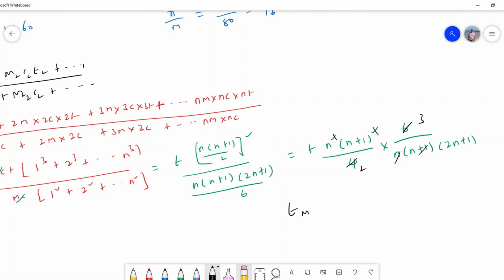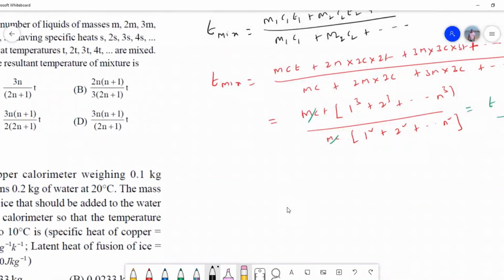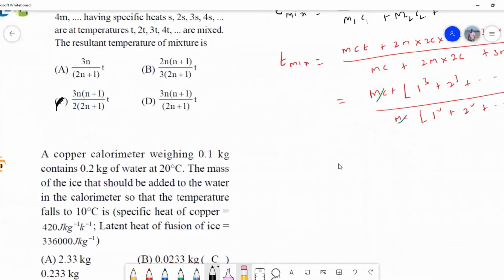So ultimately T mixture is equal to 3N into N plus 1 upon 2 into 2N plus 1. So let us see option number C: 3N into N plus 1 by 2 into 2N plus 1. So option number C is the right answer.